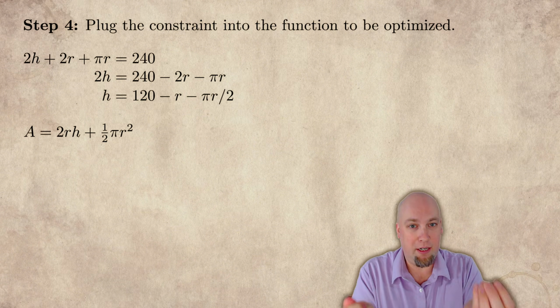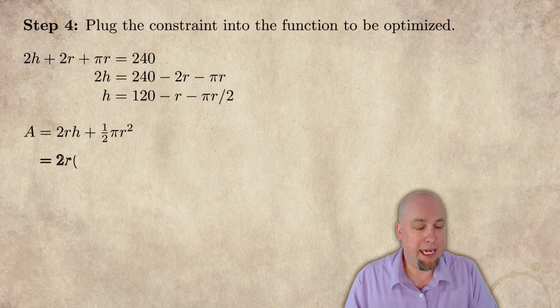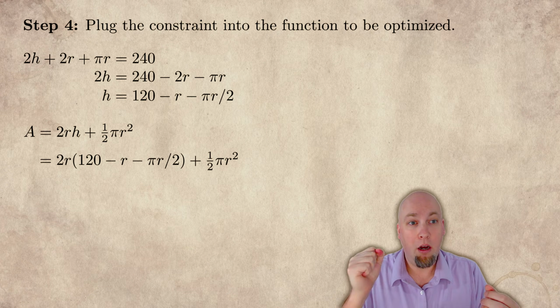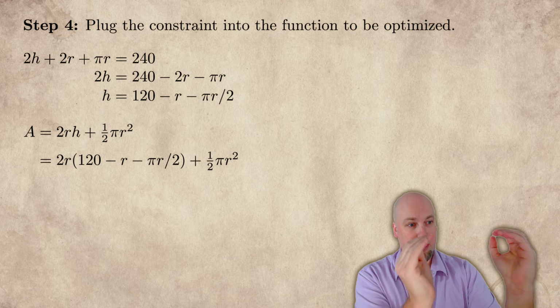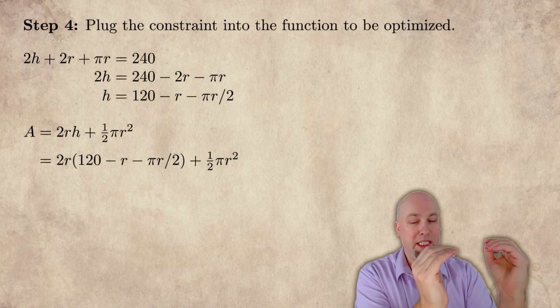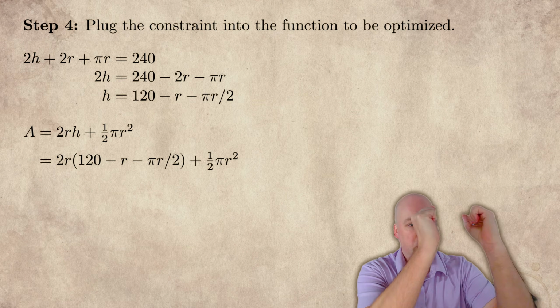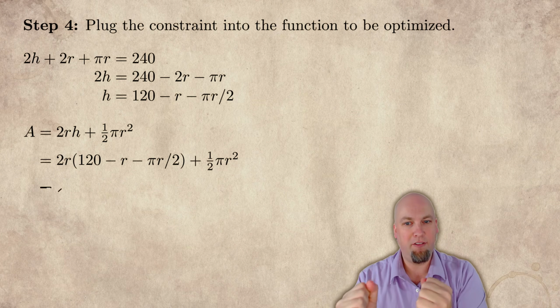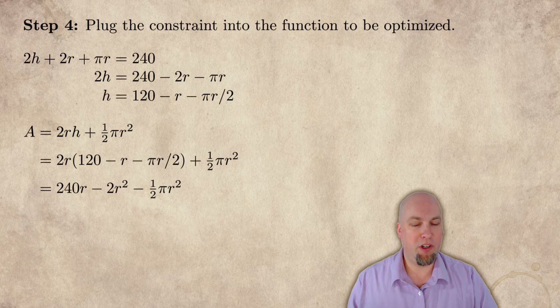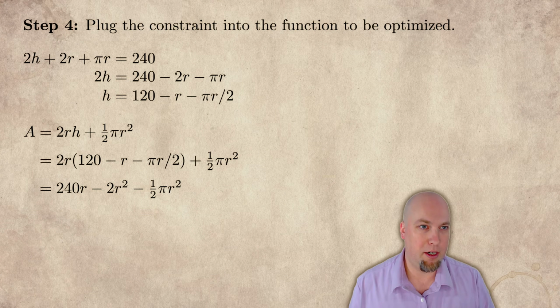We had h and we had r. Well, not anymore. Now we can replace all of the h's by r's by substituting this entire formula into that area formula. We're going to plug what we get from this perimeter constraint into the area formula, and now we're going to have a formula for the area that just depends on the radius, just on r.